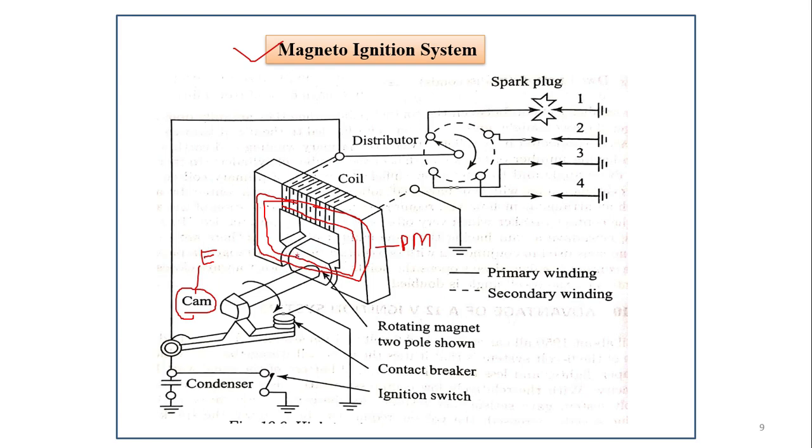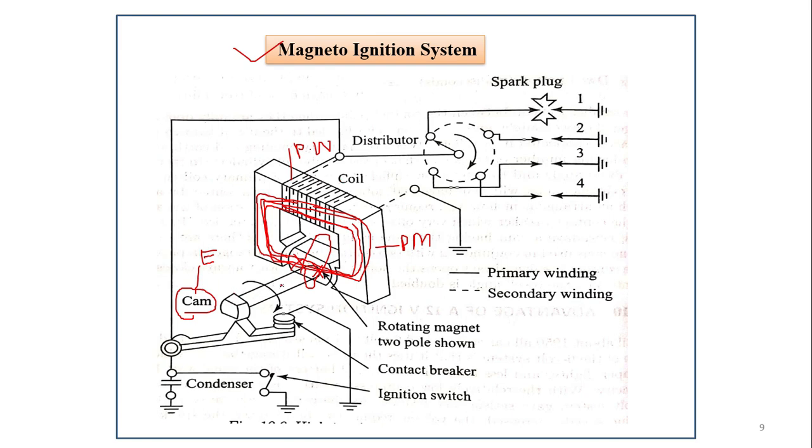When the position is horizontal, only then will the flux flow through this magnet. But when the end of the cam is rotated and placed vertically, these magnetic lines will collapse or break, and the flux will not flow in this magnet. Generating and collapsing the flux line develops current in the primary winding, and this is the basic principle that you have to understand.